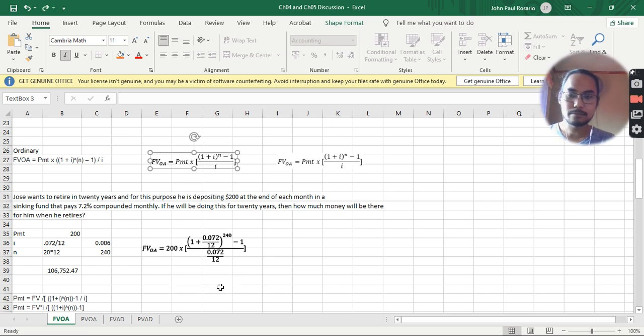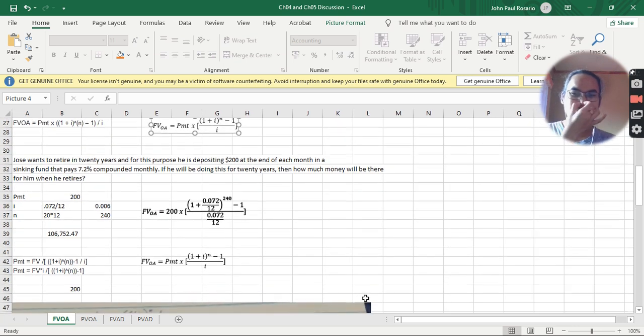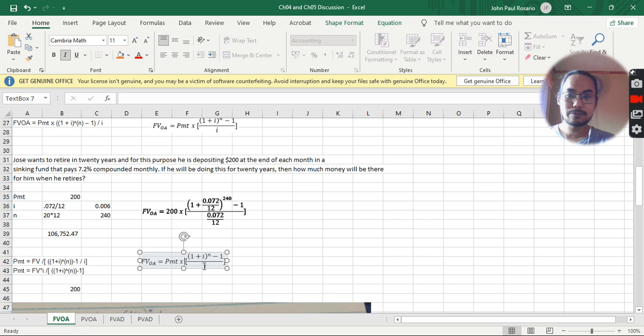If the payment is unknown, we simply have to transform this formula, so that payment becomes the subject. We just rearrange it.